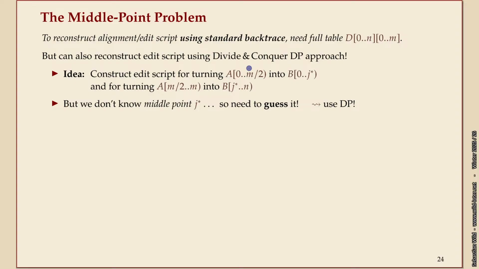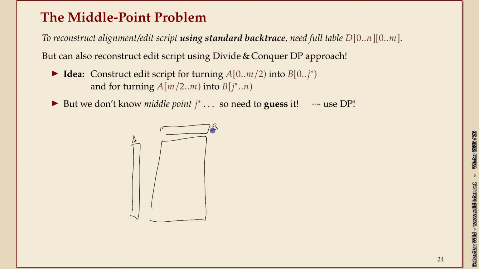So I can try to cut A in half. I'm going to have my table. Here's A, and there's B. I'm trying to find the optimal path from top left to bottom right, which is some walk here down, something of that sort.